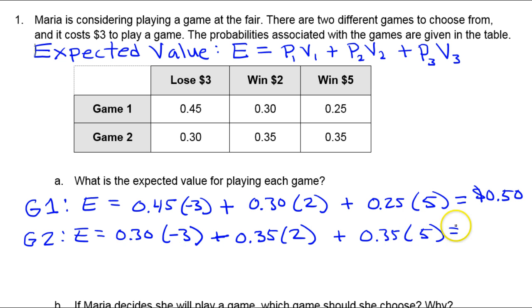I'm just going to put that in my calculator and see what the expected value is. This time I'm going to be sure to put the negative sign in. I'm getting $1.55. So that means if many people played this game, on average they would win $1.55. Game 1, if many people played, on average they would win 50 cents.